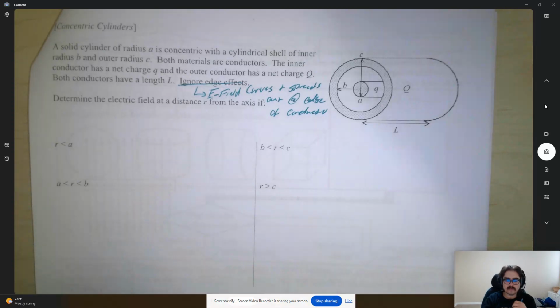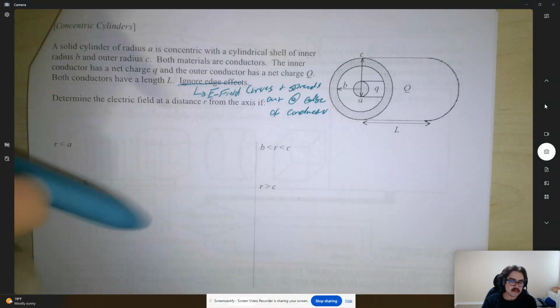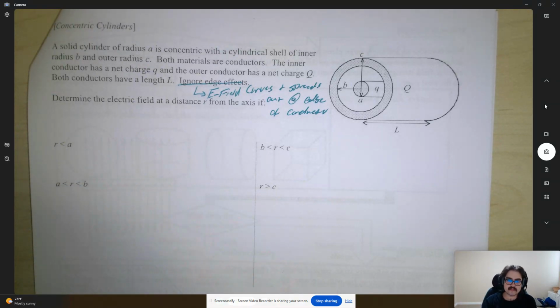By convention we ignore the edge effects or the fringe effects, and pretty much every time you see them on the AP exam, you're going to ignore them. It says on the formula sheet that by convention they ignore fringing effects on conductors.